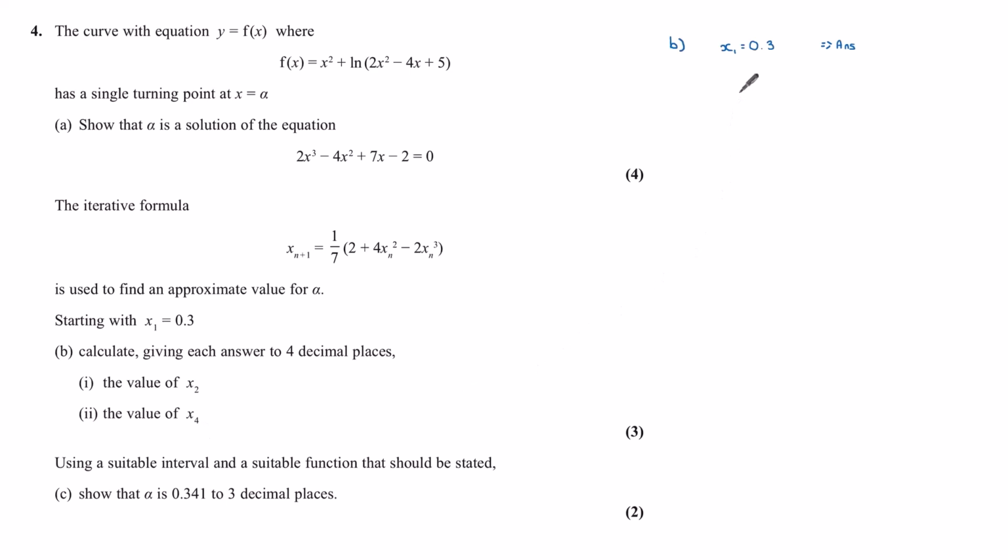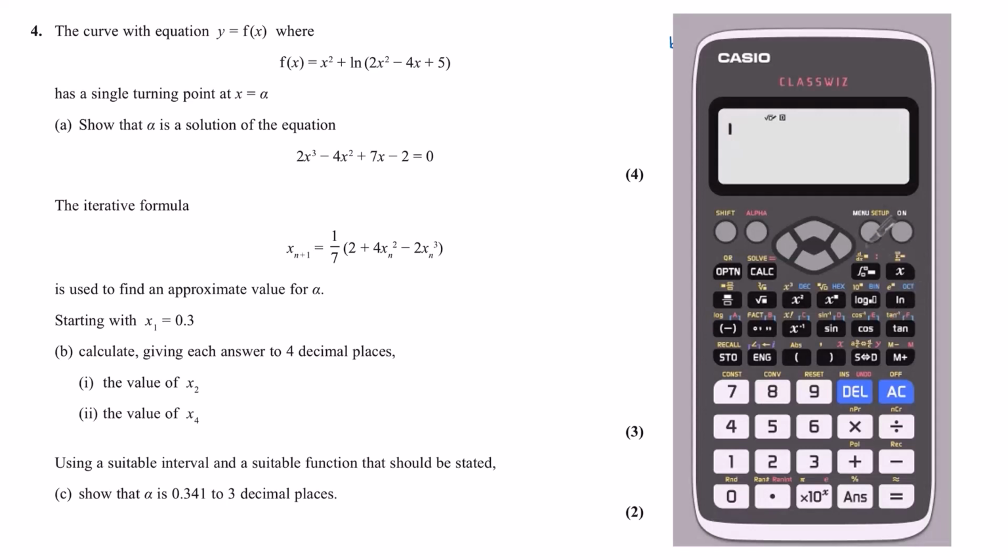Now we're going to look at how best to do this on our calculator. So let's look at how to answer these iterative formula questions on our calculator. Now we're told that our first term is 0.3, so if we actually just put 0.3 in our calculator and hit equals, this is now the most recent answer on our calculator.